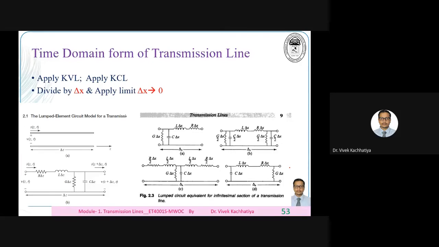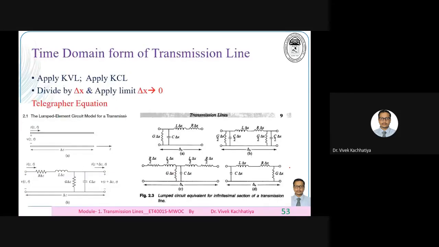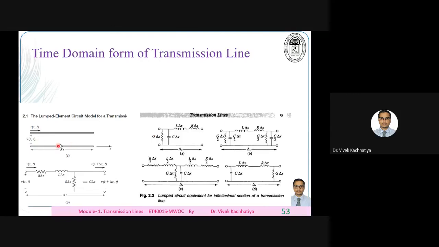Now, which model? So now this transmission line can be modeled as this. What we modeled earlier was also correct, that resistance and inductance are in series, capacitance and conductance are in parallel.